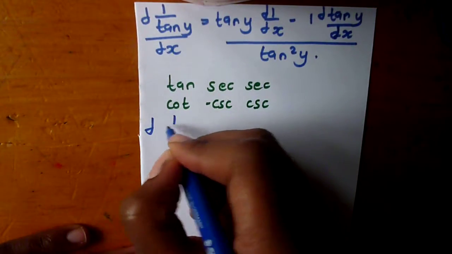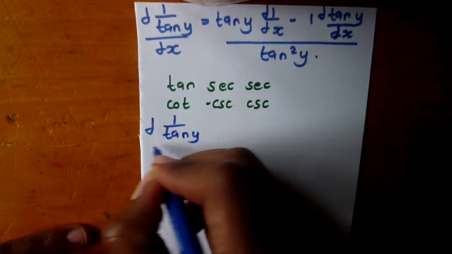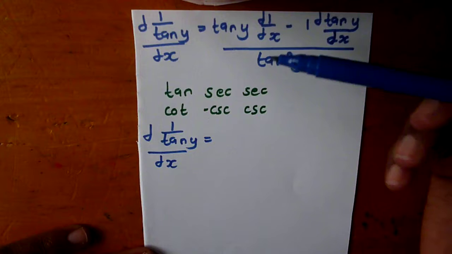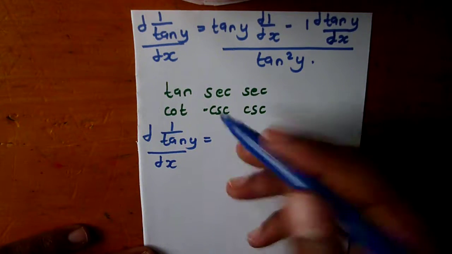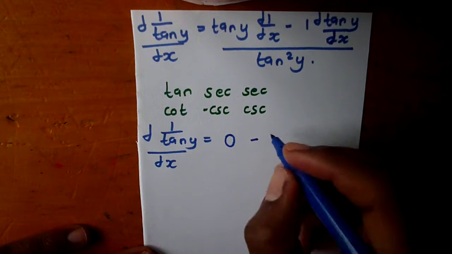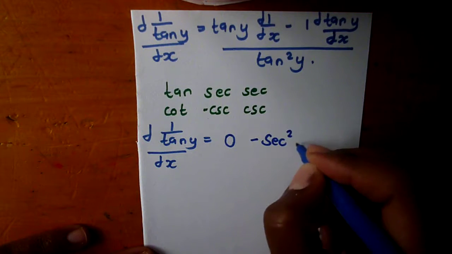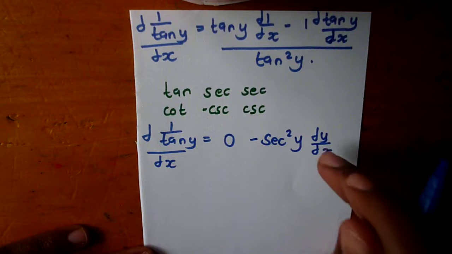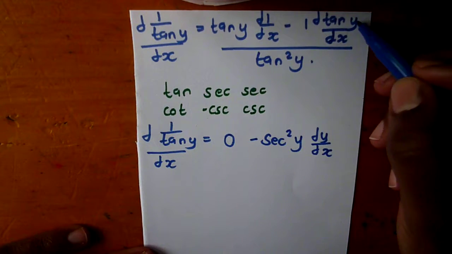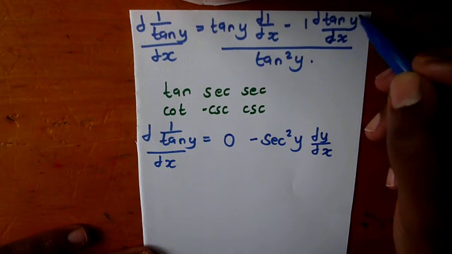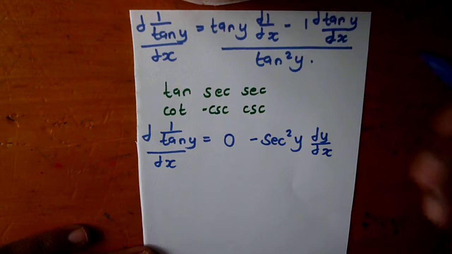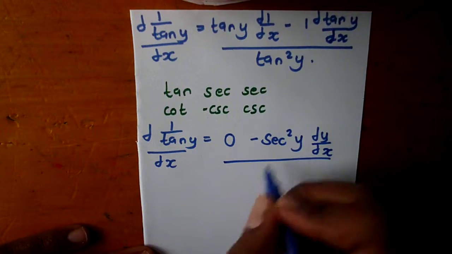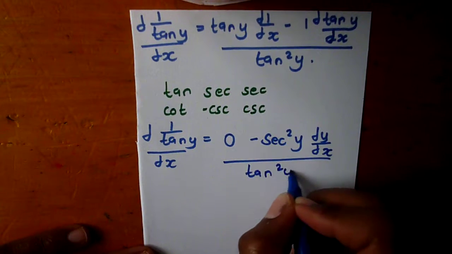So the derivative of 1 over tan y with respect to x is, remember always that the derivative of a constant is 0. So it will be 0 minus sec squared y dy over dx. Do not forget the chain rule that applies here. Since this is not with respect to x, it's not a function of x, you'll have to write dy over dx, all over tan squared y.